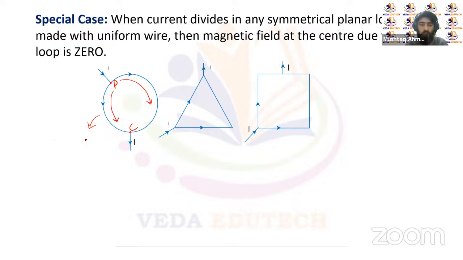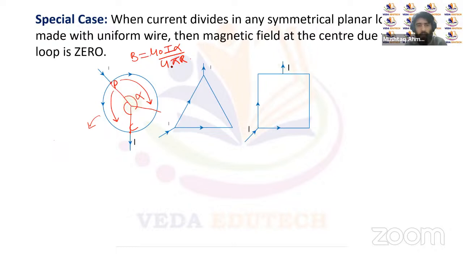So overall, what's going to happen at the center? At the center, you can see that this arc will make a larger angle. This alpha is larger than this angle, and than this angle. Last time we calculated the magnetic field as mu naught I alpha upon 4 pi r for the circular loops.